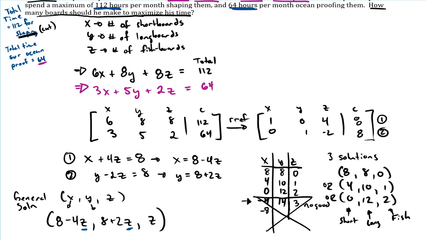Or he could do this one, 0 short boards, 12 long boards, and 2 fish boards. Okay, so these are the 3 solutions. So whichever one of those he wants to work on, that would maximize his time. Those are the 3 specific, particular cases for this infinitely many solutions problem, though.